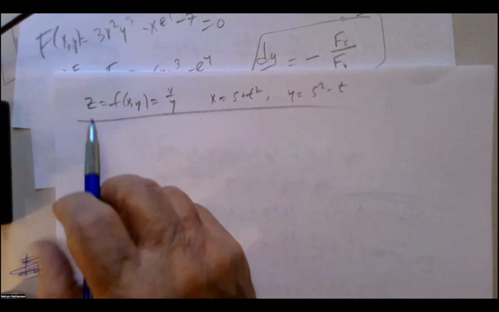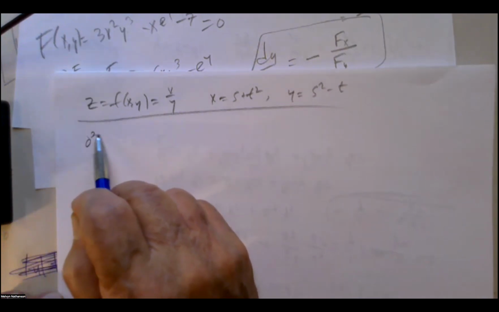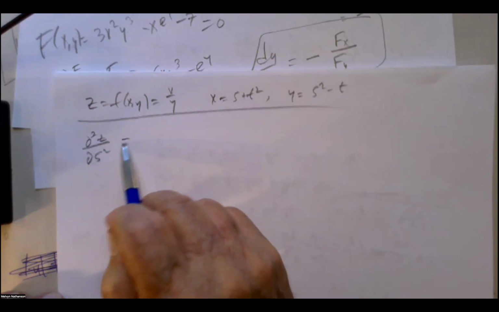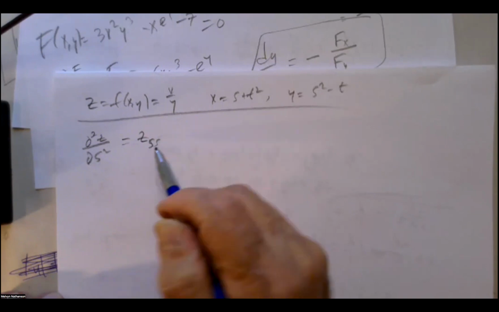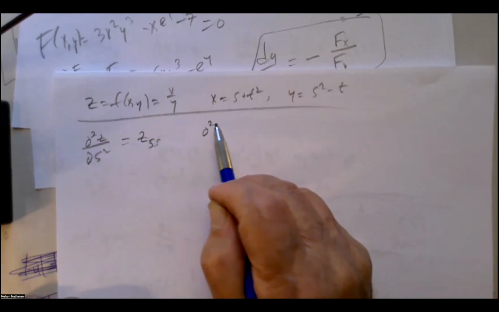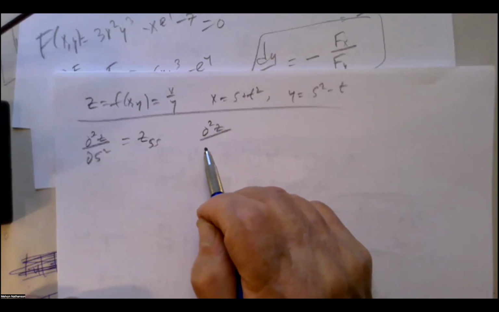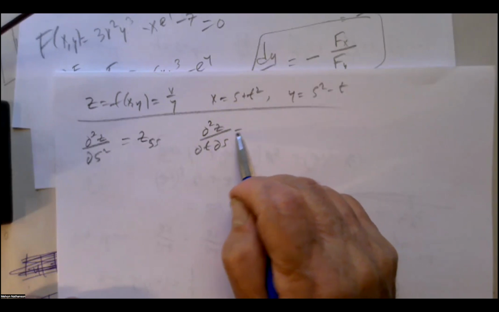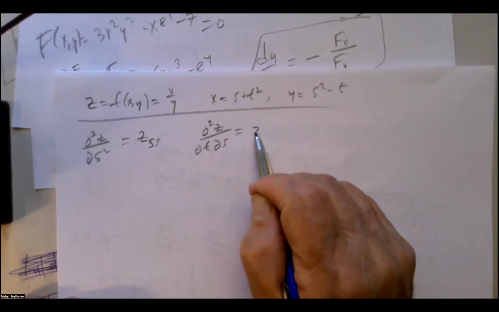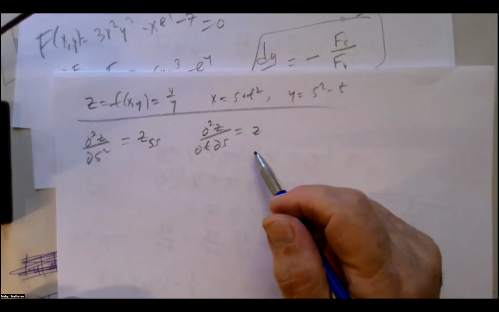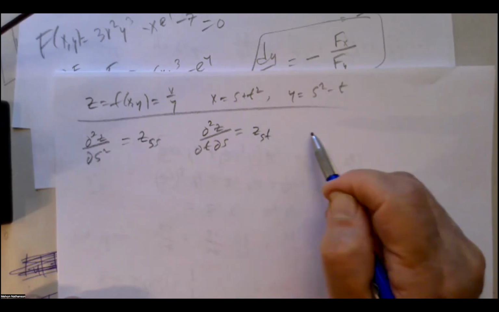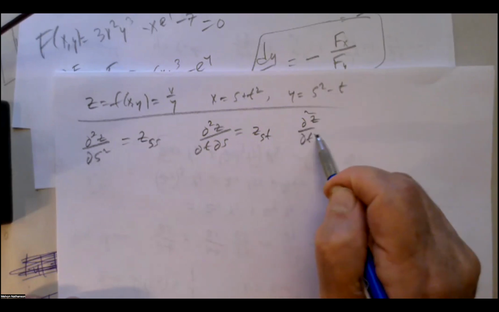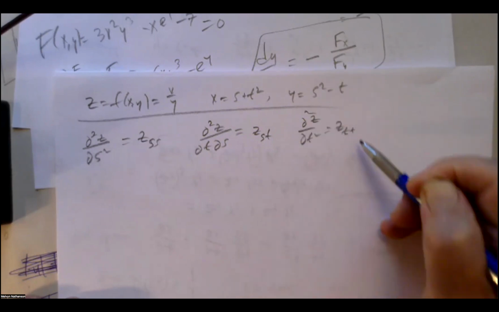You can differentiate Z twice with respect to S. I'll call that Z sub SS. You can differentiate Z with respect to S, and then with respect to T, I'll call that Z sub ST. You can differentiate Z twice with respect to T, I'll call that Z sub TT.